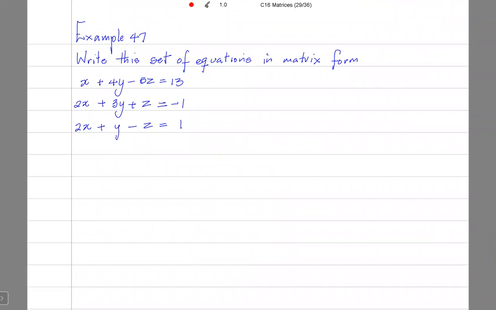All right, example 47. Let's start by representing our information as a matrix equation.